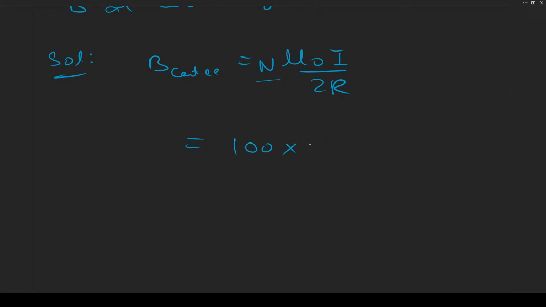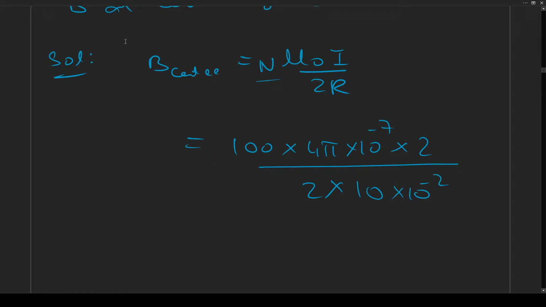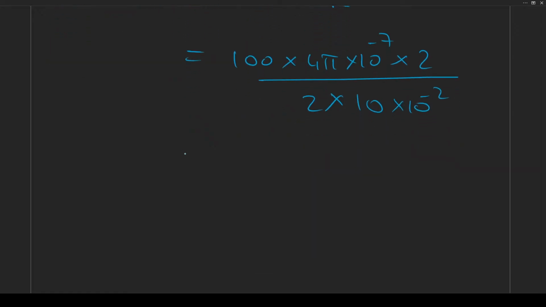Mu naught is 4 pi into 10 power minus 7. Current flowing through is 2 ampere by 2 times of a radius, which is 10 centimeter, 10 into 10 power minus 2, which we will get finally.